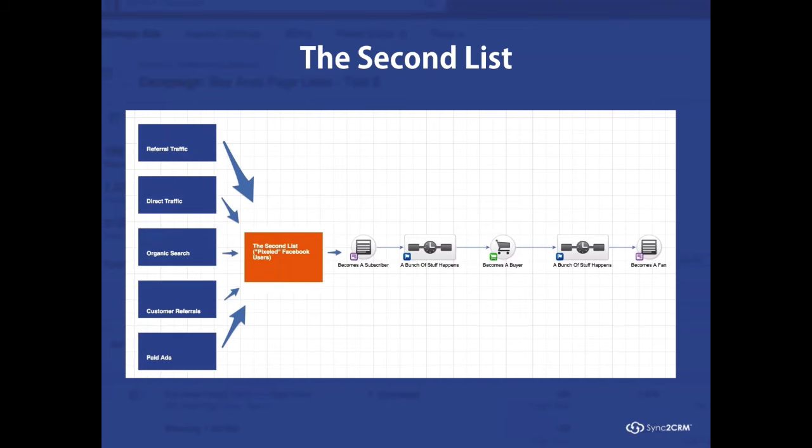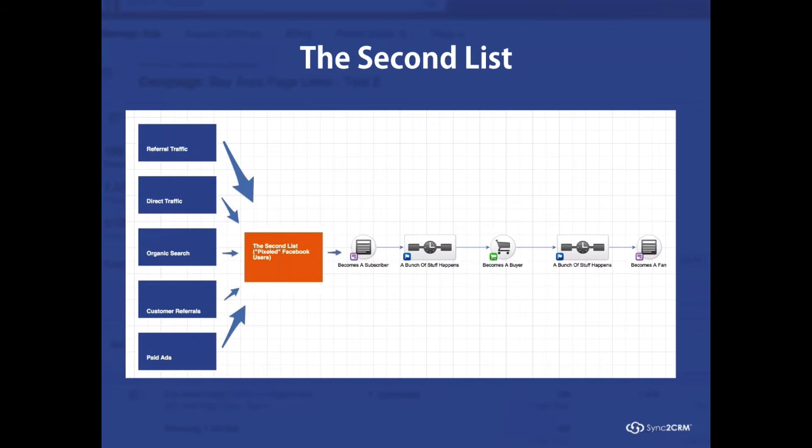In the same way, now that people say, oh, the list is king, how many people do you have on your list? Well, nowadays people talk about the second list, that being the Facebook pixeled list, right? In the same way, how many people you have on that list is equally important, because it is how many people who know you that you can target with an ad, in the same way that your email list is how many people who know you have given you permission to send them an email.